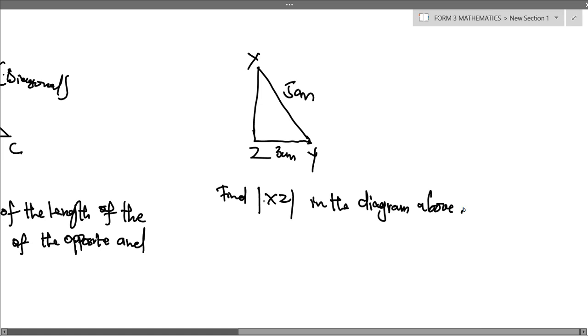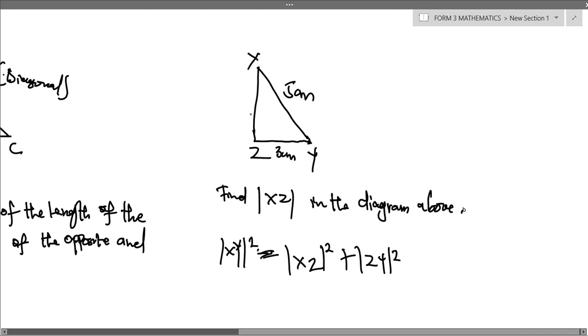Generally the theorem states that the square of the hypotenuse is equal to the sum of the square of the opposite and the adjacent. But here we already have our hypotenuse, so we have to find one of the other sides.